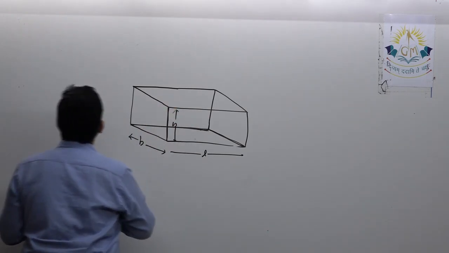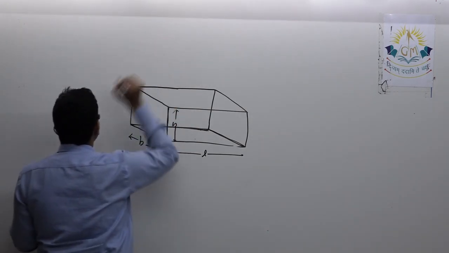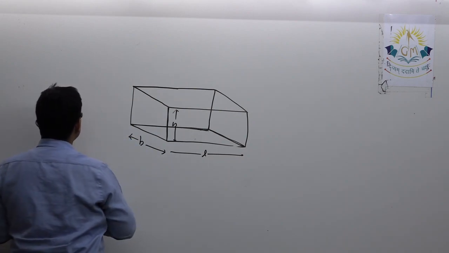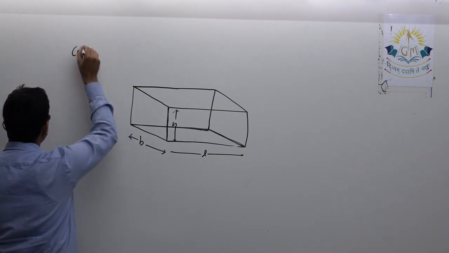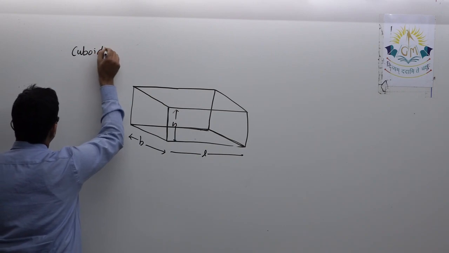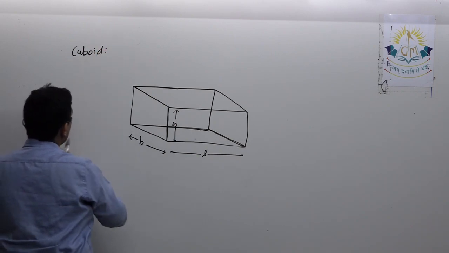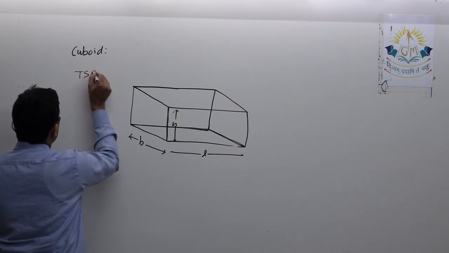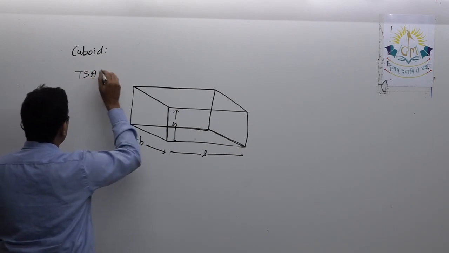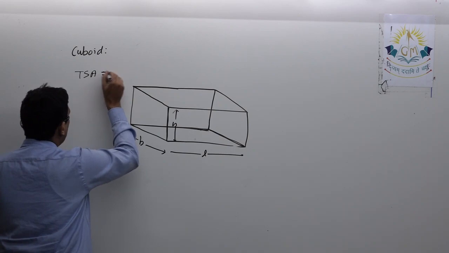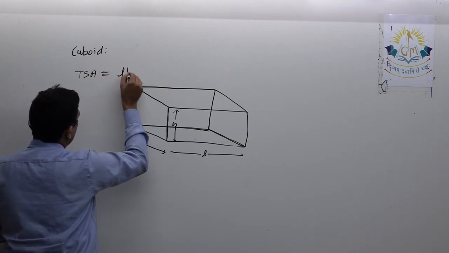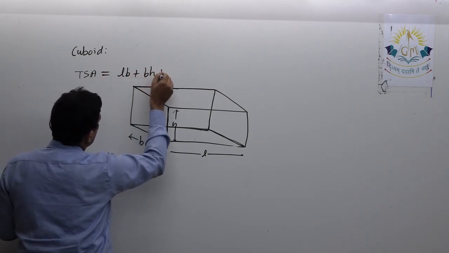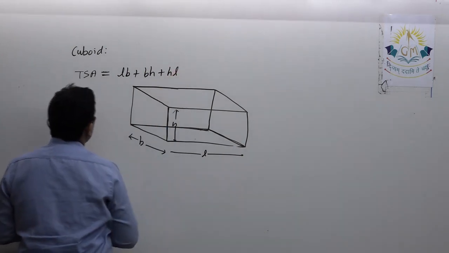So in that way, for a cuboid, its total surface area is the sum of the areas of all six surfaces, that is LB plus BH plus HL.